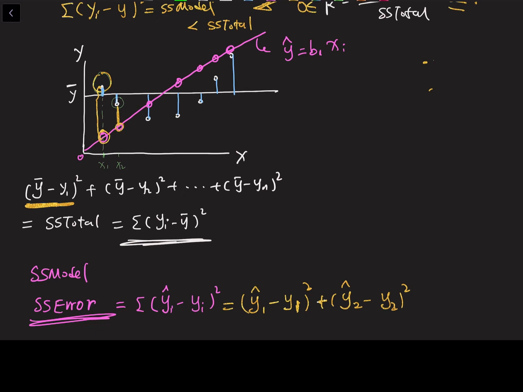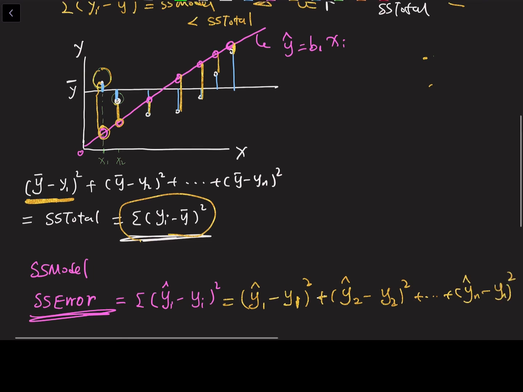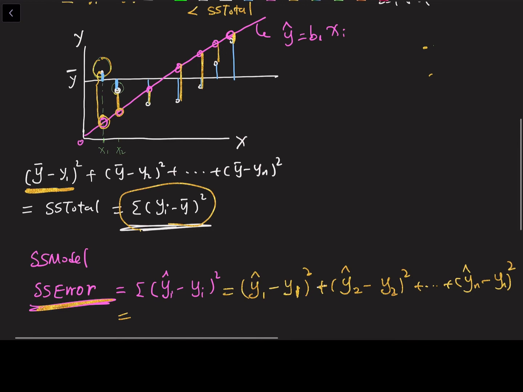This is a predicted value of y, this is the observed value of y, this white point, which is also larger than the difference between average and observed value of y. So same thing, just point at all the estimation error. The estimation error is a lot larger than the sum of squares total. Up to y hat n minus yn squared. So this term is the sum of squares error.